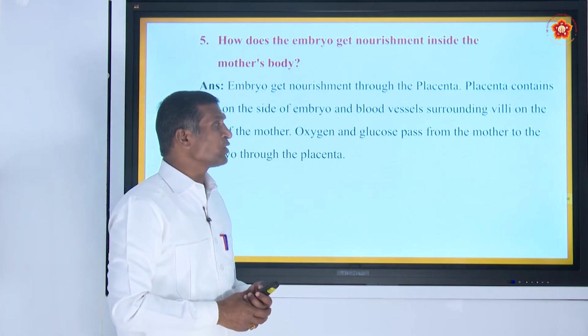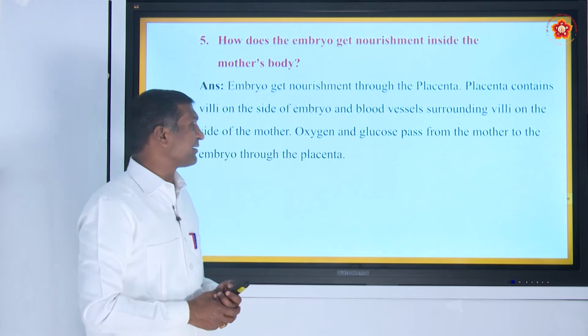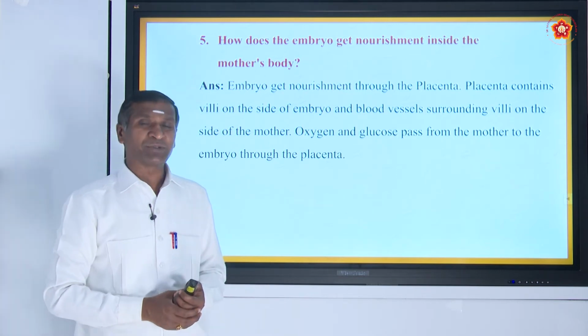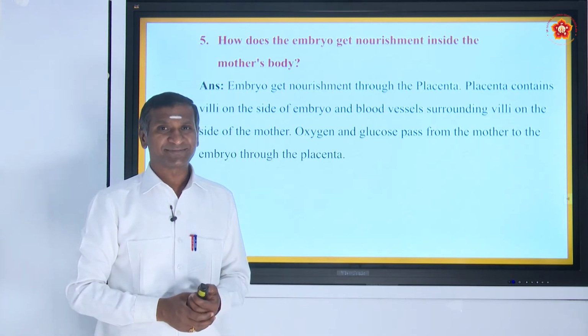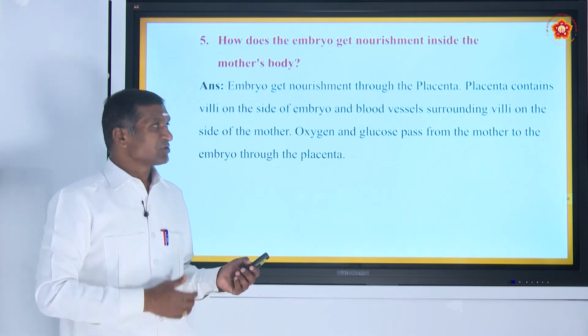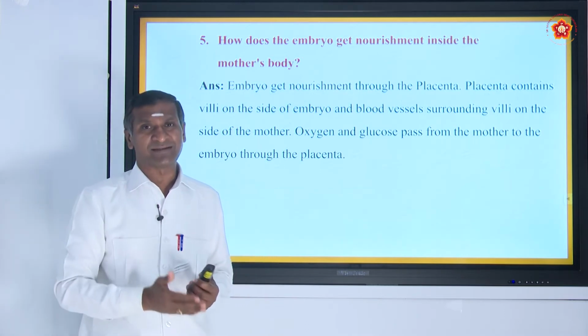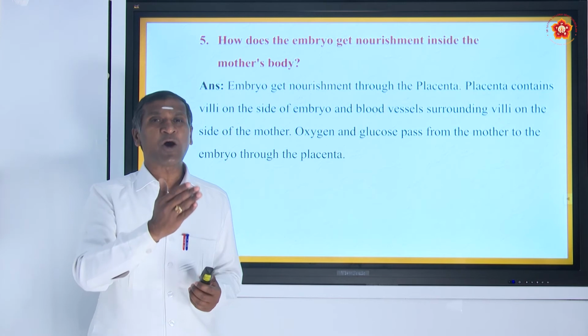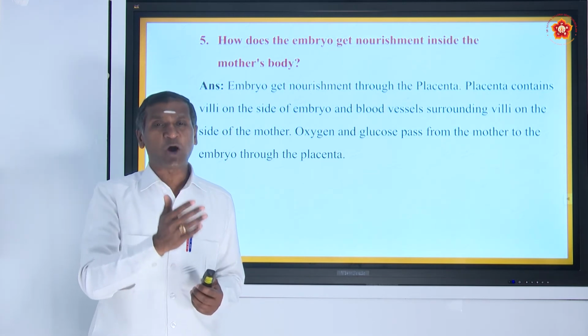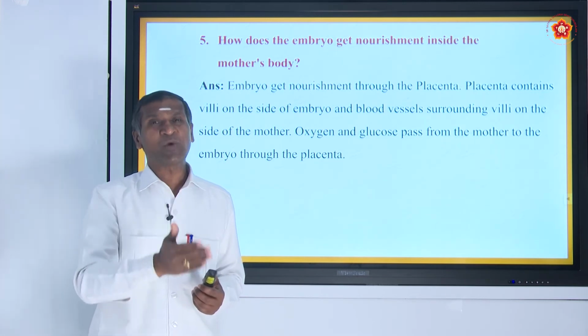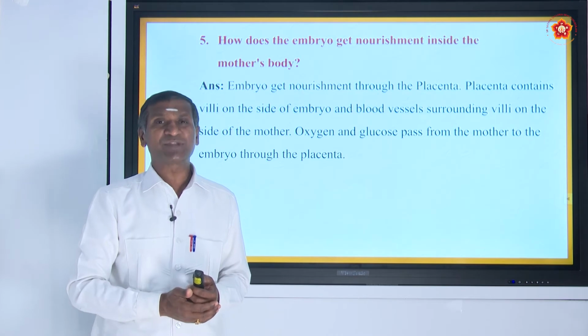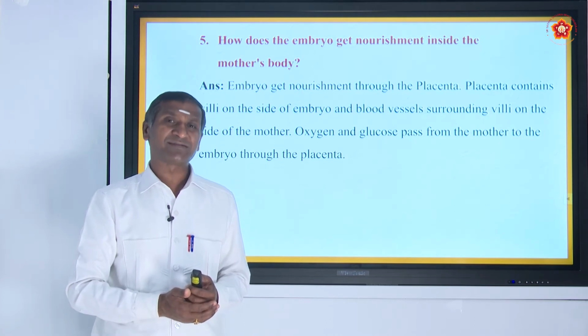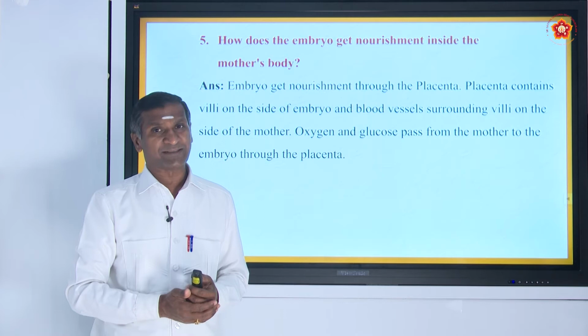Oxygen and glucose pass from the mother to the embryo through the placenta. So the placenta helps in the supply of mainly oxygen and the required food items to the embryo in the mother's body.